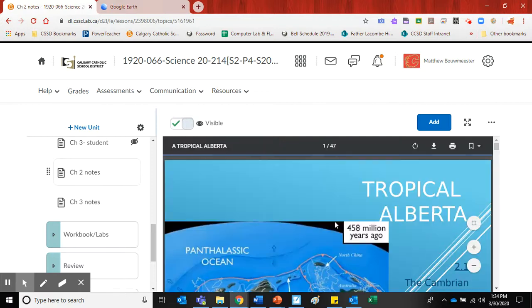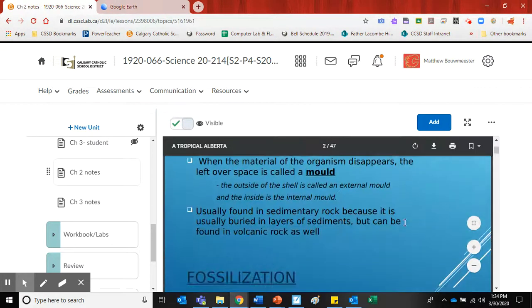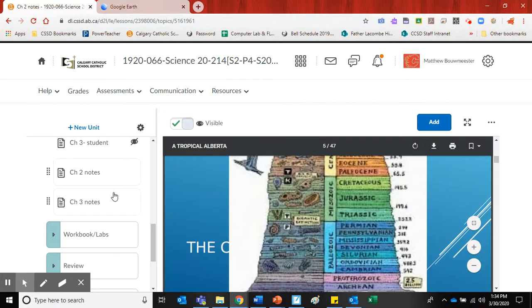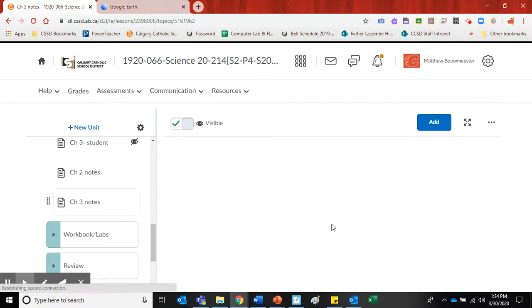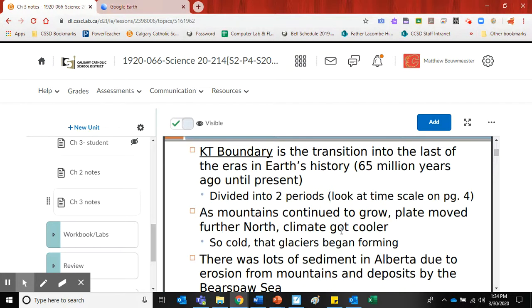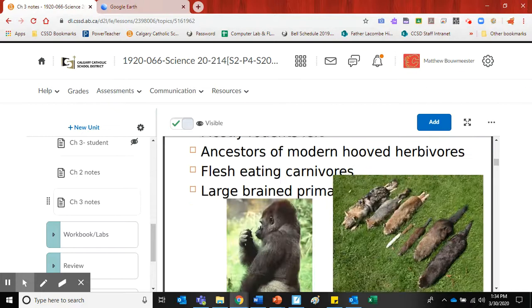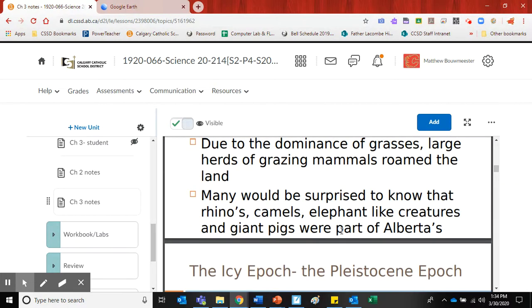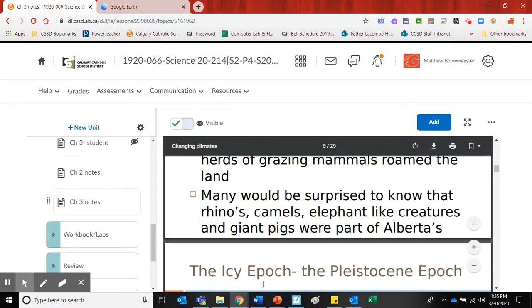So we went through the tropical Alberta. We should be able to see all of our notes there. And then on to chapter 3, we should also see periods of glaciation and changing climate. Hopefully you can go through there and study the different glaciations and climate change to help fill out your notes in your workbook.